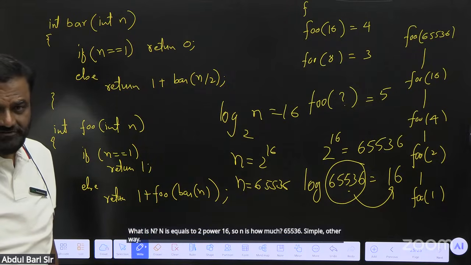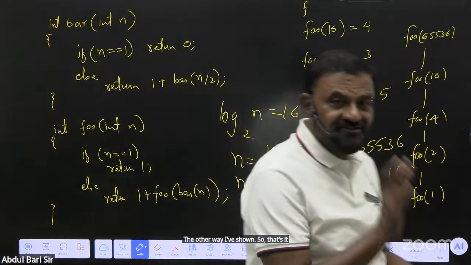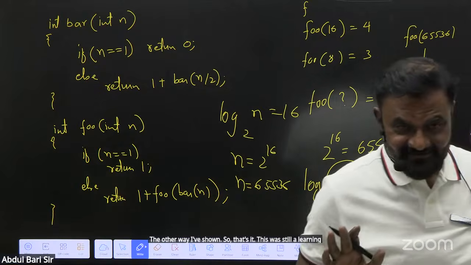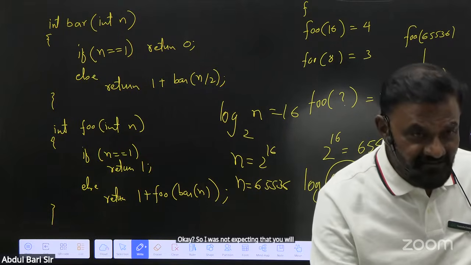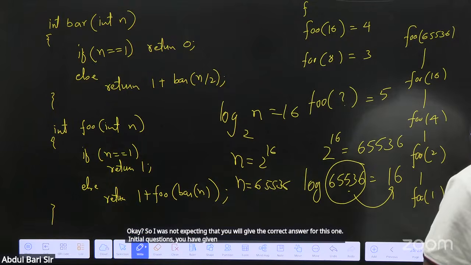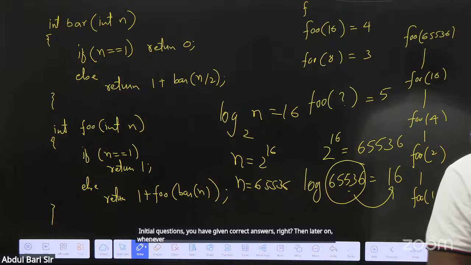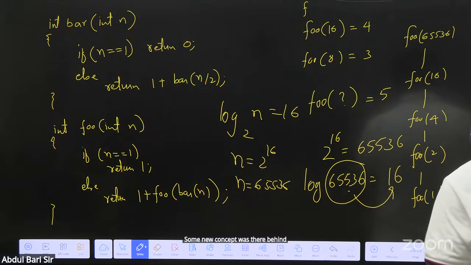The other way I have shown. So that's it. This was still a learning part. I was not expecting that you would give the correct answer for this one. Initial questions, you have given correct answers, right? Later on, whenever there was some trick involved or some new concept behind, I was supposed to explain it.